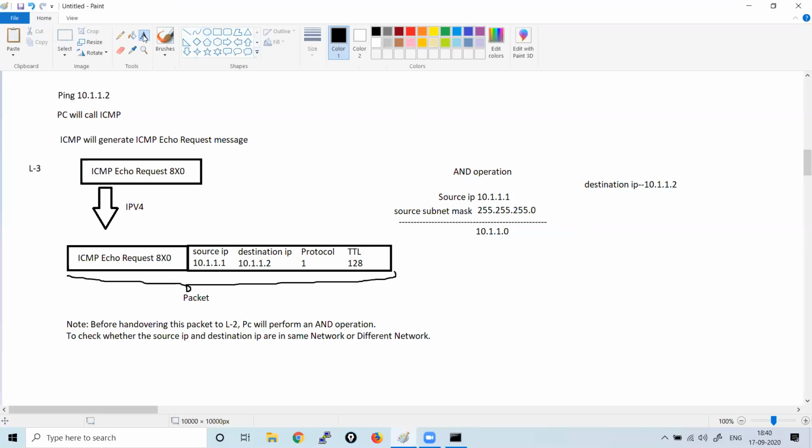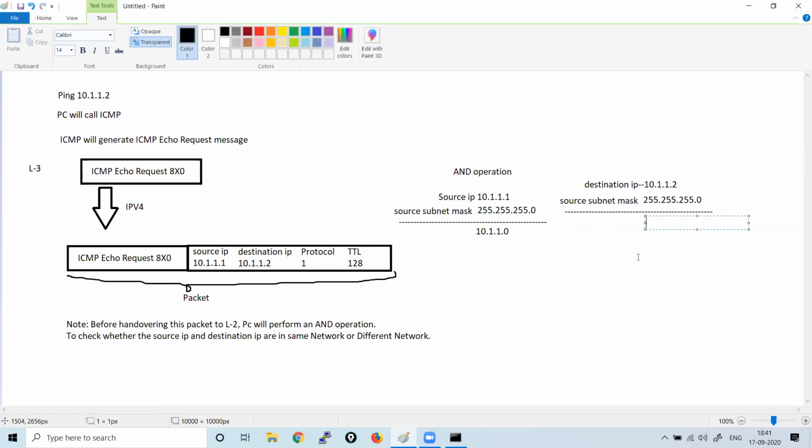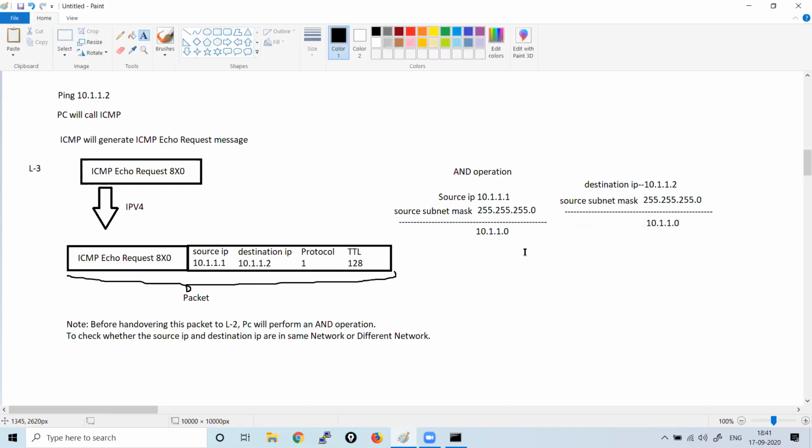That is the reason why he'll only take the source subnet mask. So what value will he get? 10.1.1.0. Is it clear? Now, both are in the same network or different network according to this value? Same network.